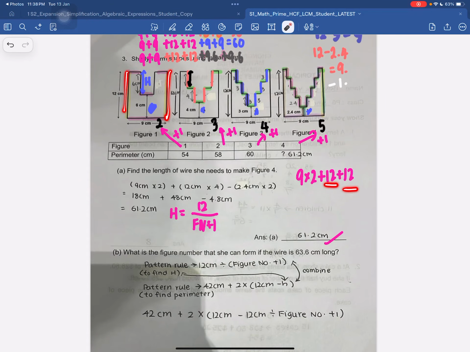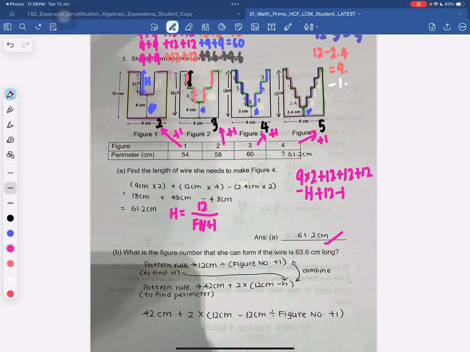Now what I'm doing is I'm taking the 12 like that, and later I'm going to minus away, because if this is 6 here, it's going to be the same. So I'm going to take 12 here, I'm going to take 12 here, and then I need to minus away both of H here to get actually this one. So I'm going to plus 12 minus H plus 12 minus H, something like this.